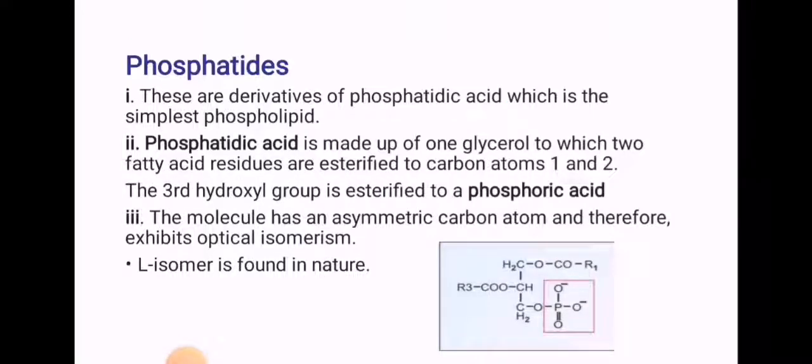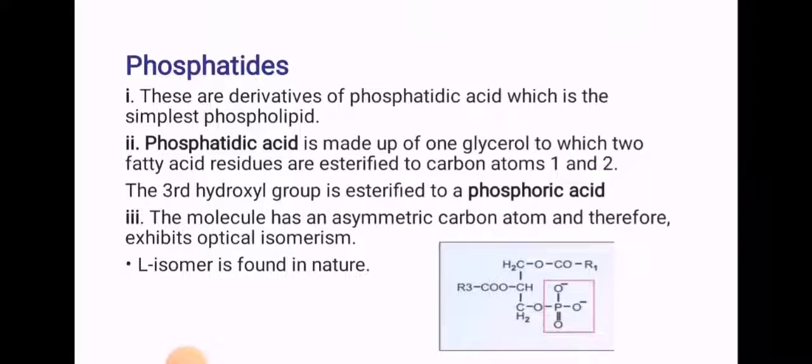Then we are coming to the phosphatides. So these are the derivatives of the phosphatidic acid, which is the simplest phospholipid. Then what is this phosphatidic acid? It is made up of one glycerol to which two fatty acid residues are esterified to carbon atoms first and second one. So what about the third hydroxyl group? It is esterified to the phosphoric acid.